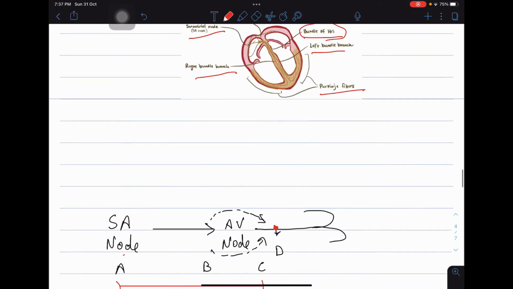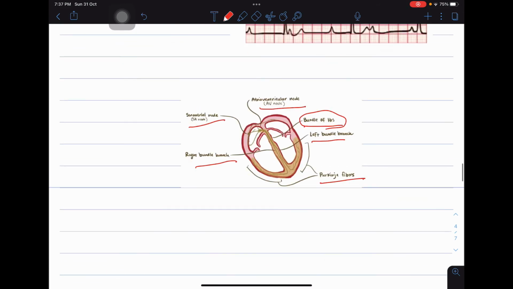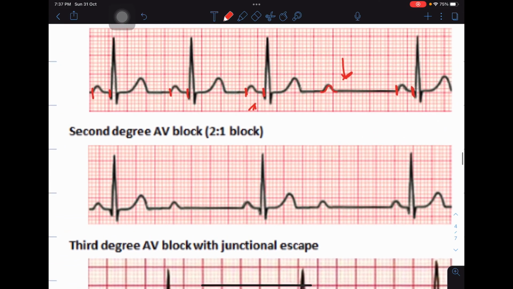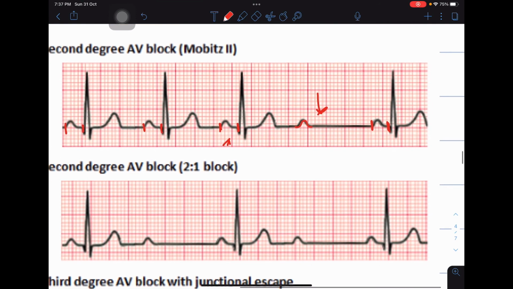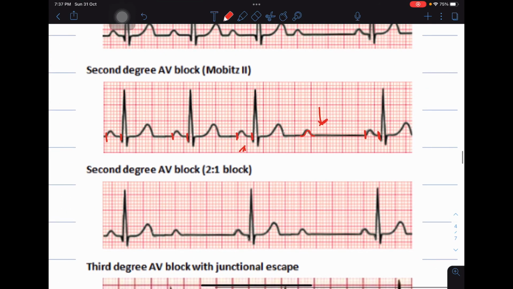So over here we see there is a missed beat. And how are we going to distinguish Mobitz 1 from Mobitz 2? We see there is no change in the PR interval. The PR interval is the same on all the QRS. Just the missed beat is there. So this is how we are going to differentiate between Mobitz 1 and Mobitz 2.